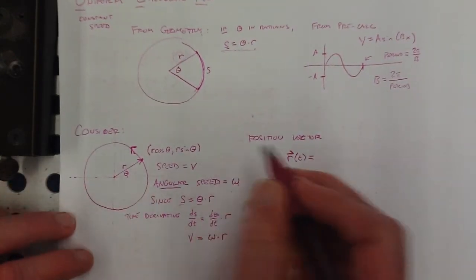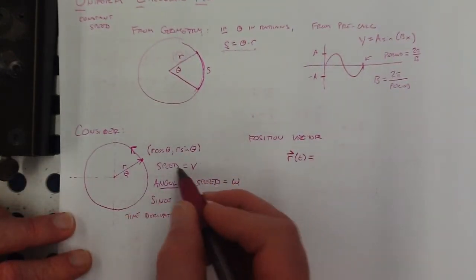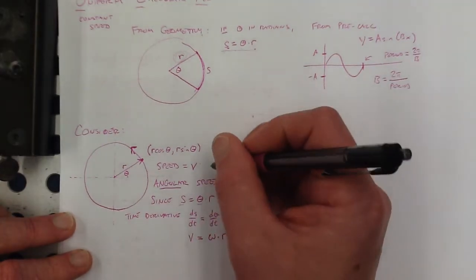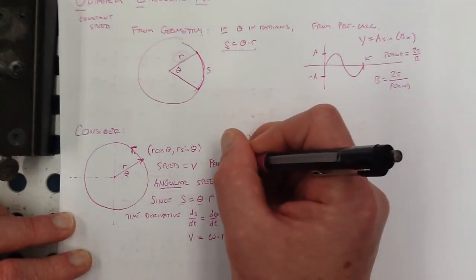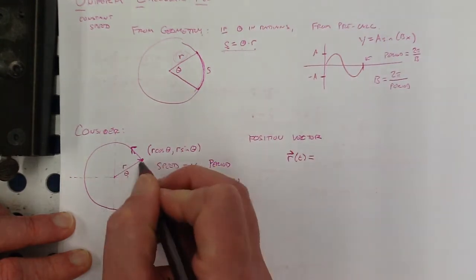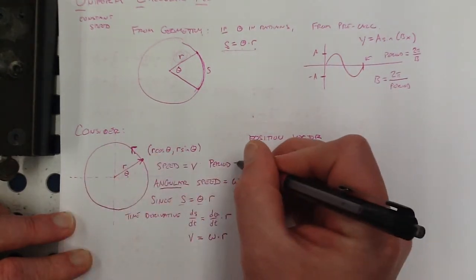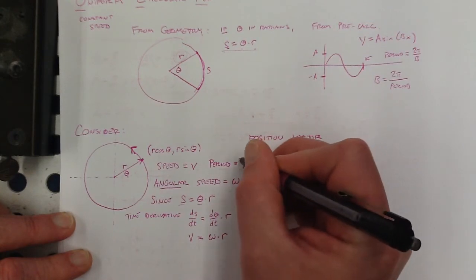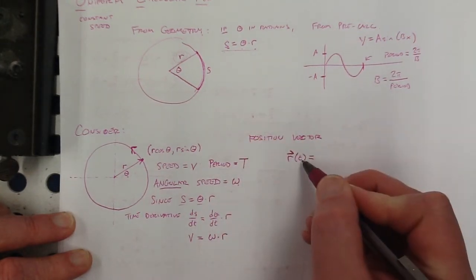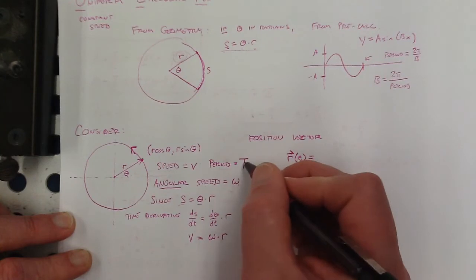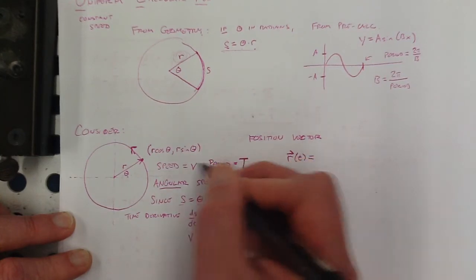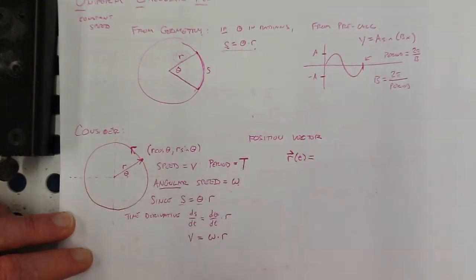Oh, and sorry, before I do that, let me just go back over here, and as we're defining things, I do also want to say that the period, the amount of time that it takes for this to go all the way around the circle, we're going to just use a capital T for that. Not to be confused with lowercase variable time. This capital T is the fixed amount of time it takes for this object to make one lap around the circle.